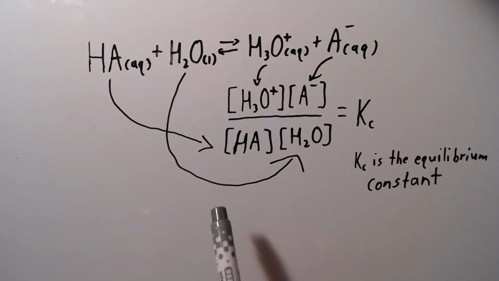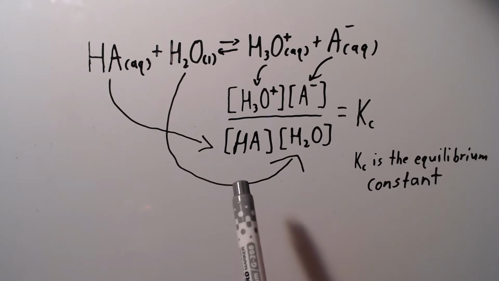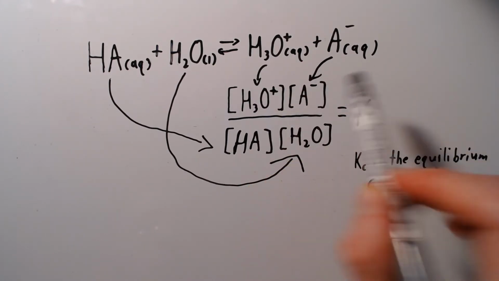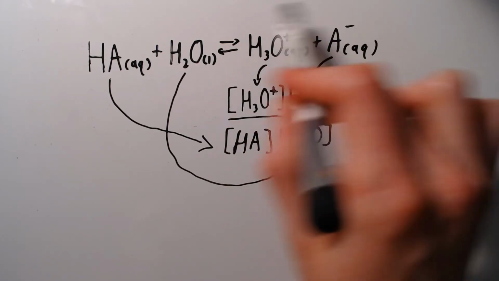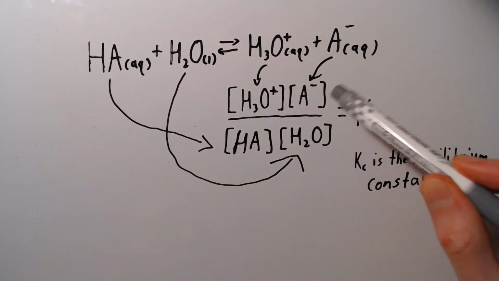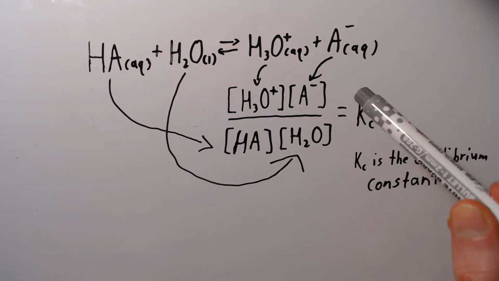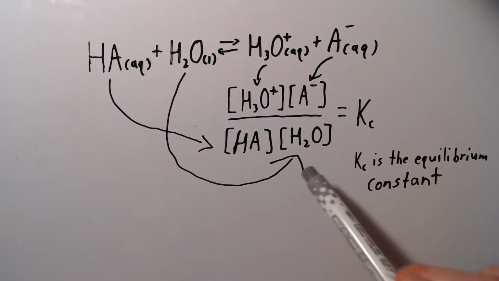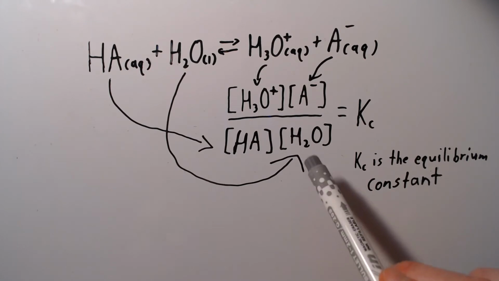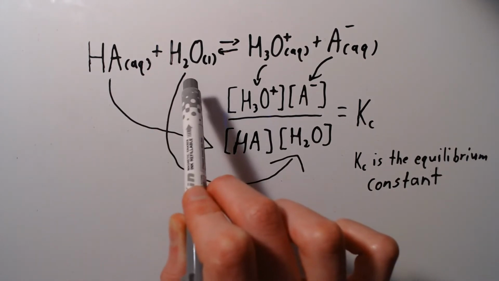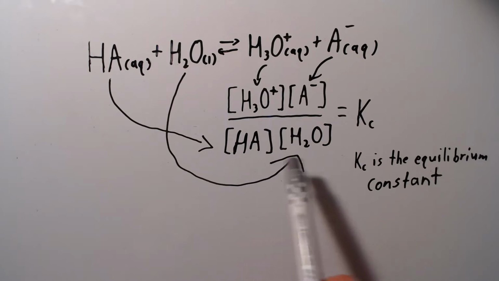On the top, we have the products of the acid dissociation in water. So here are the products of this reaction, and they are on the top of this equation. And on the bottom, we have the reactants of the acid dissociation reaction. So here are these reactants, and we drew them at the bottom.